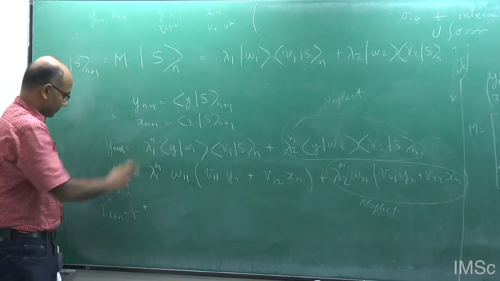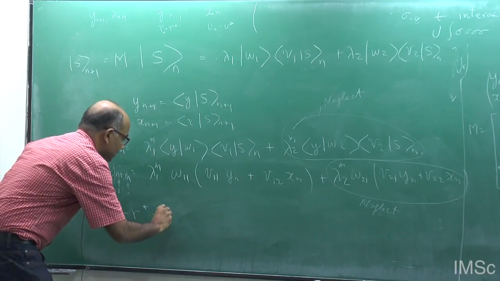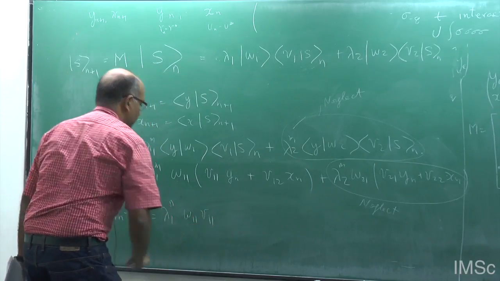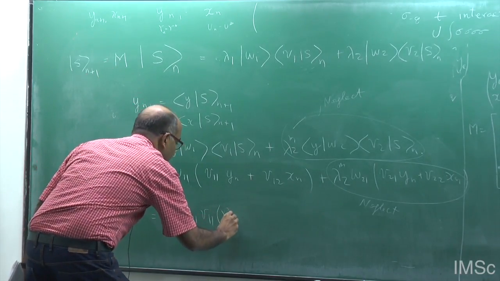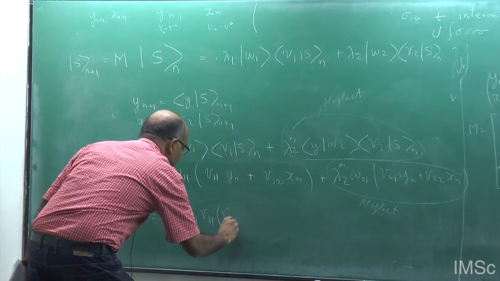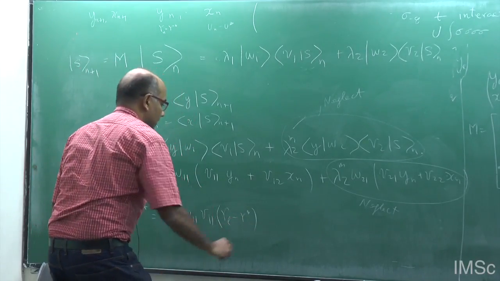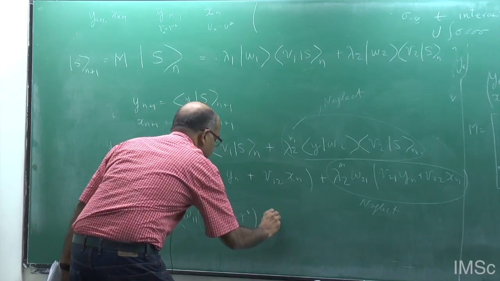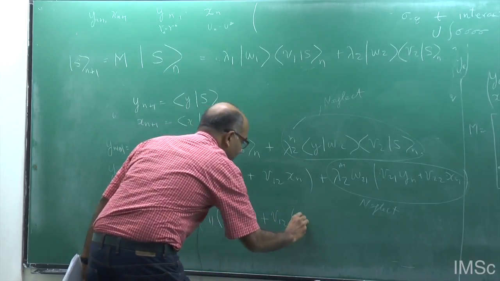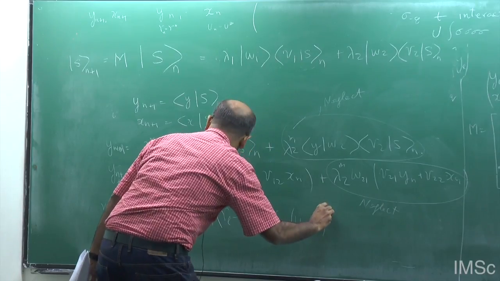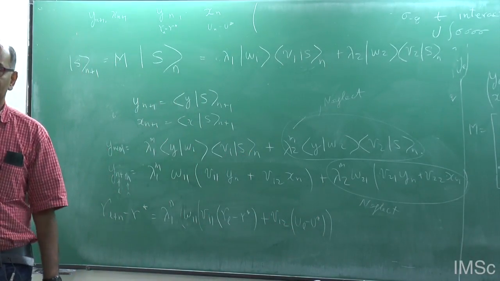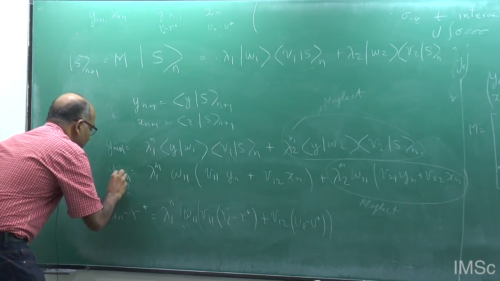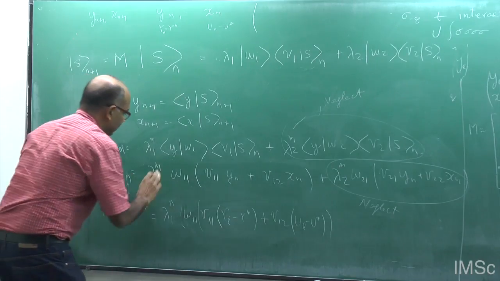So our deviation from r star is lambda 1 to the power of n, W11 V1 times r L minus r star plus V12 UL minus U star. Is this clear? So I'll just change it here itself. Let's call this L, let's call this N.